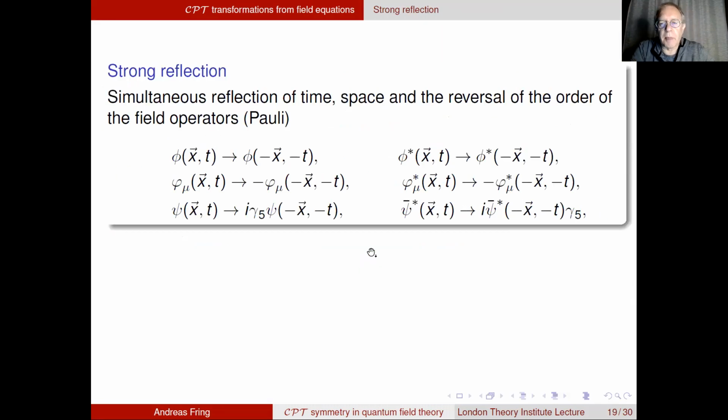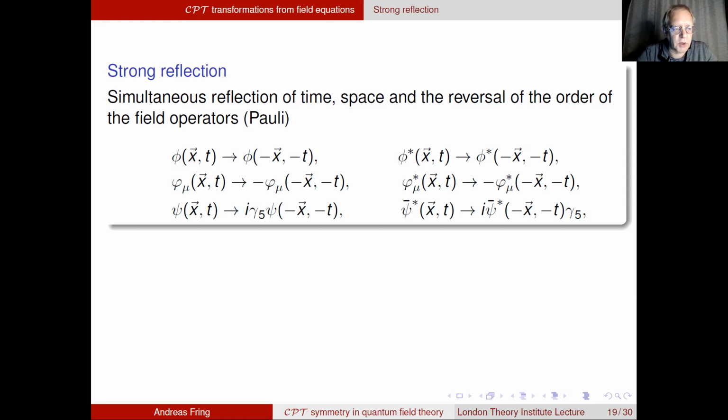So the point is now that this is actually the same CPT transformation. This part of the CPT theorem is the same as a simultaneous reflection of time and space, which was introduced by Pauli and referred to as a strong reflection, and a Hermitian conjugation.